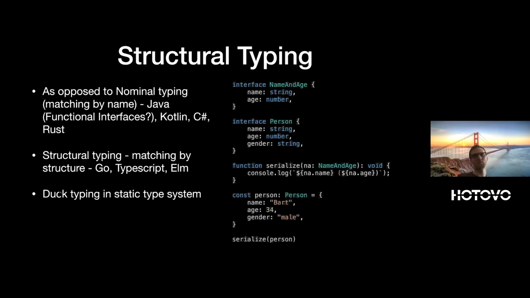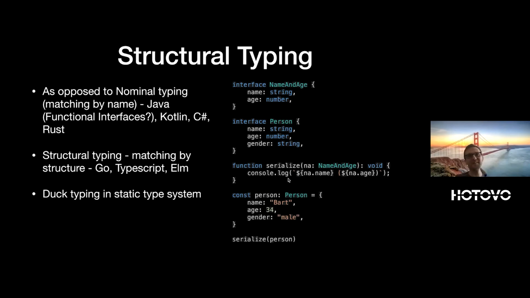And also a word about duck typing. Duck typing is the same thing as structural typing, but duck typing usually relates to dynamic languages, which don't have types. So it goes like, if it quacks like a duck, then it's a duck, right? If I have an object which has a method quack, then I don't care that it's not a duck, because it can quack, so it's a duck.